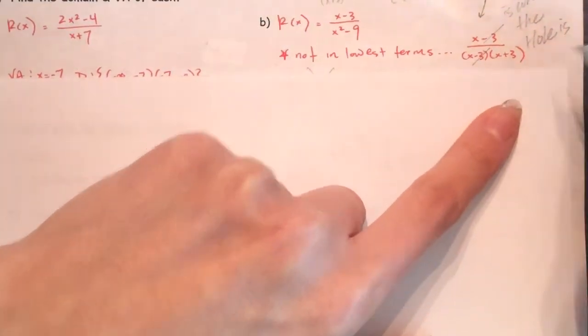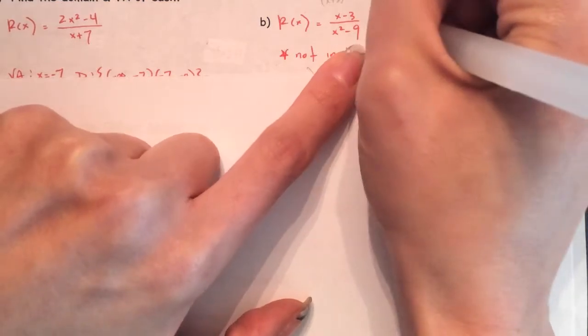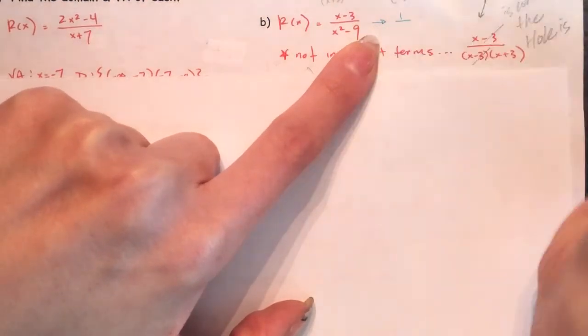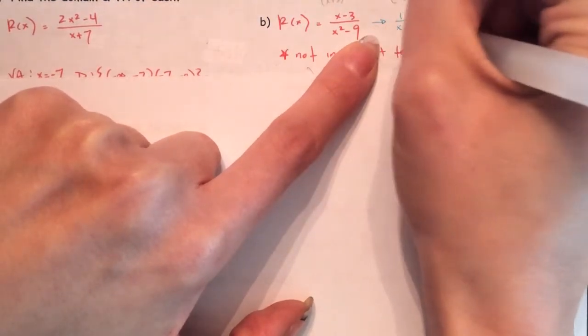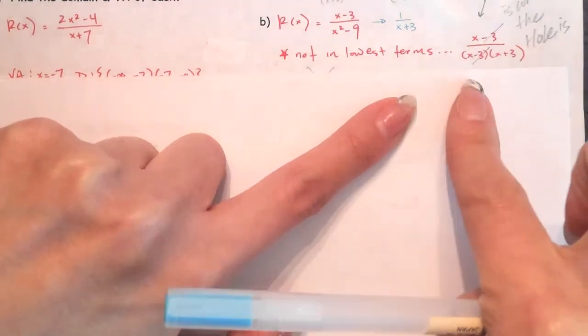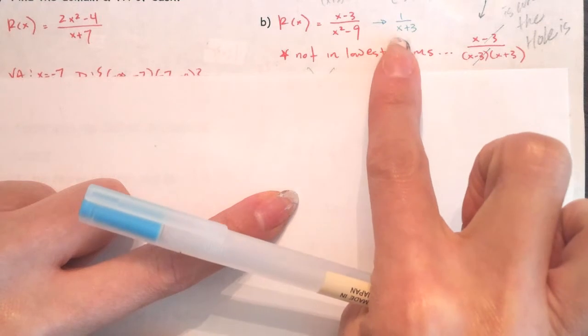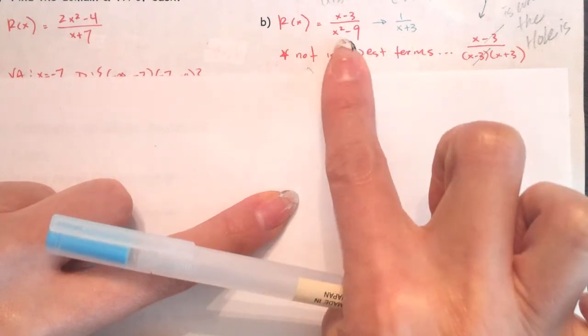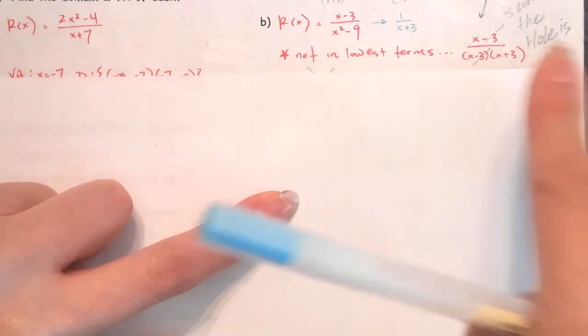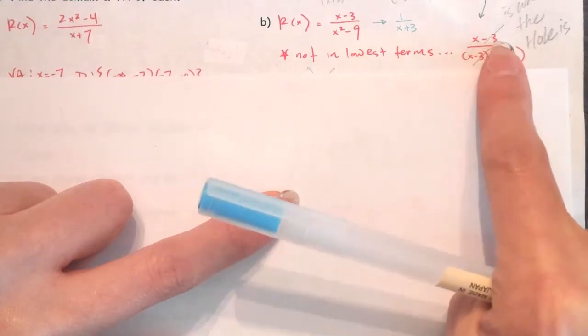So really, this turns into 1 over x plus 3, right? When you cross out the x minus 3's, you get 1 over x plus 3. This would be lowest terms of this R of x, okay? If you're crossing out the x minus 3 over x minus 3, that's where your hole is.